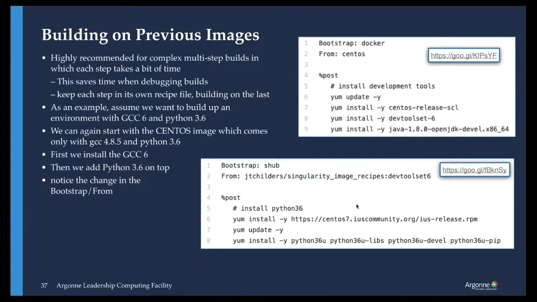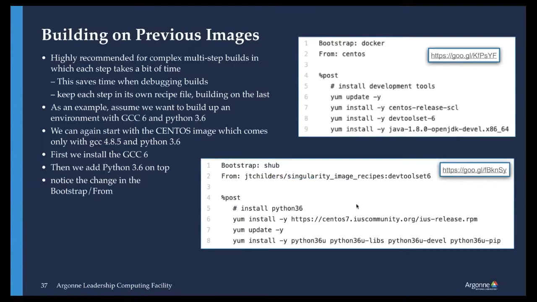I would typically recommend having stepwise recipes where you start with your Docker CentOS, you do all your yum installs for requirements that you need, and then you create another recipe that takes the output from the previous and adds things to it. And this is mainly to save you time.